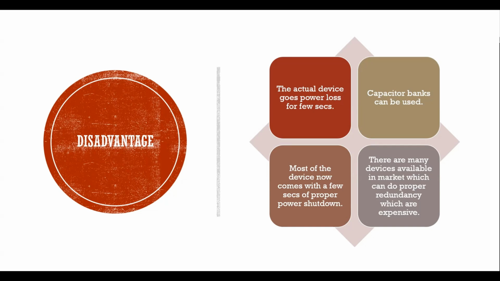And in the market, if you check Functional Devices, they also have many redundant power sources, but the cost is the main factor here. It's a little bit expensive, but if you would like a simple design which can save you some cost, this approach is very good and it can be used on any controller.